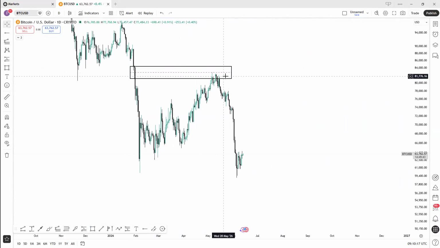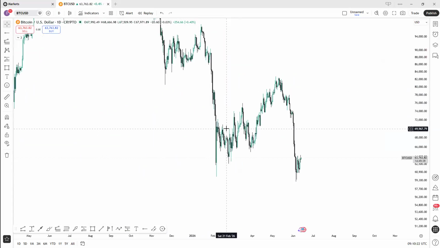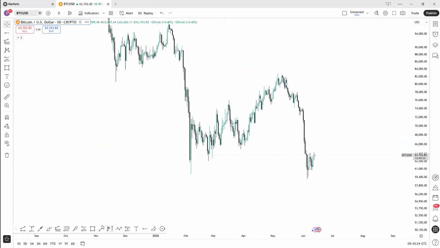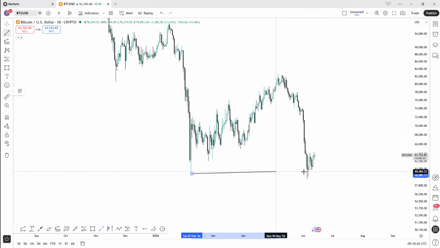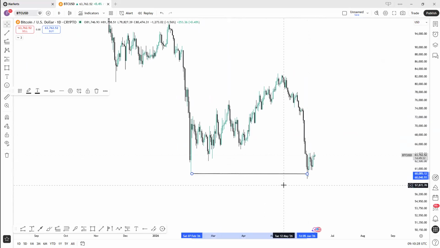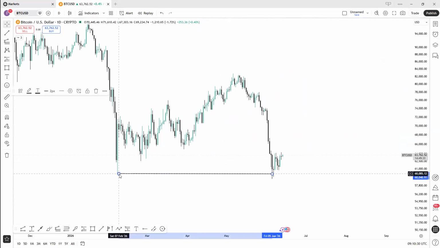I think everybody created a huge profit on that trade. Okay, so the time frame of this liquidity sweep.